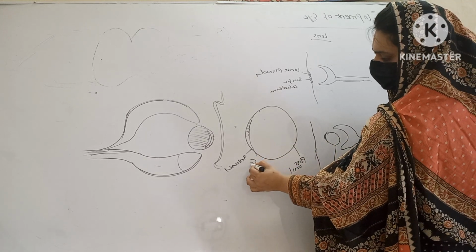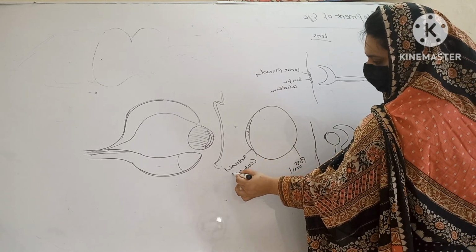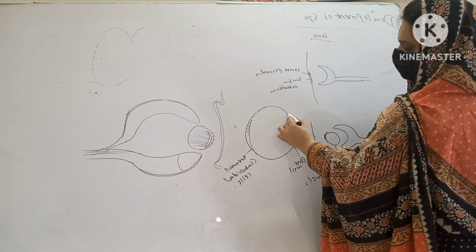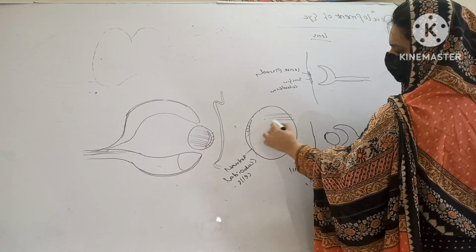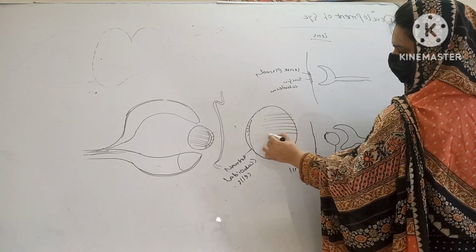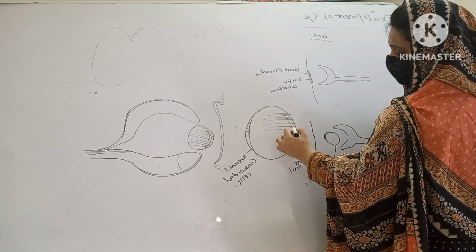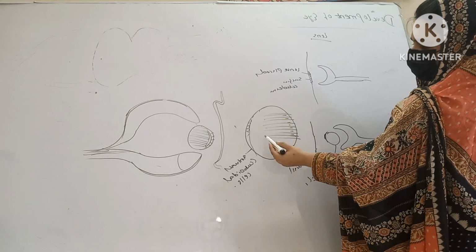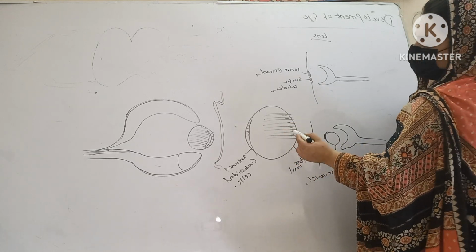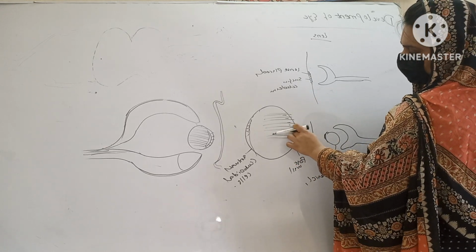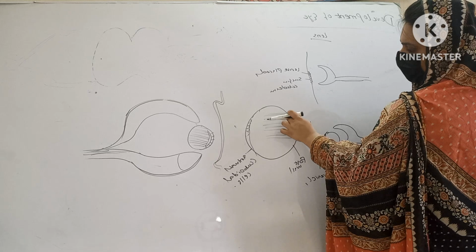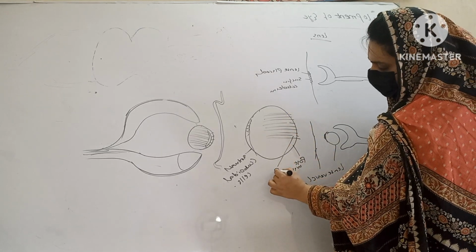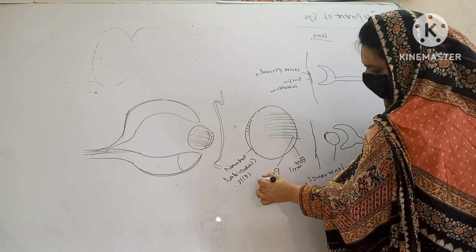The anterior wall consists of cuboidal cells, while the posterior wall consists of columnar cells. These are the columnar cells with their nuclei. But later on, what will happen? The posterior wall epithelium, which is of columnar cells, will lose its nuclei, and this epithelium will be converted into the primary lens fibers.